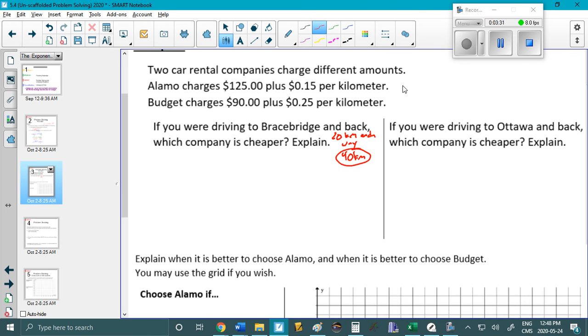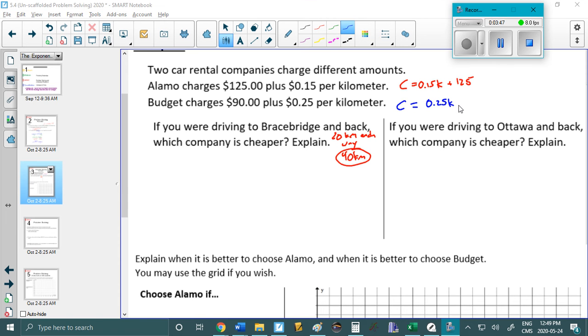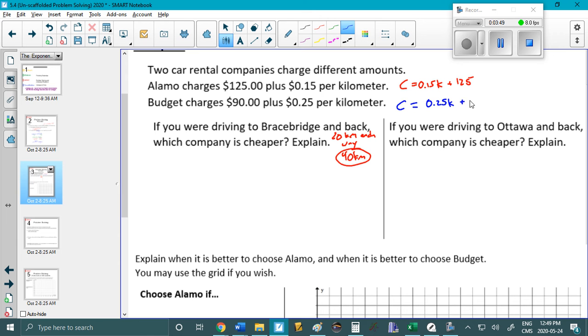Okay, so let's try this. Let's do the cost. So C equals 0.15K for number of kilometers. You can use N or whatever, it doesn't matter, plus 125. And then the other one, C equals 0.25K plus 90. Okay, so let's do the cost for Alamo. I'm going to call that CA.